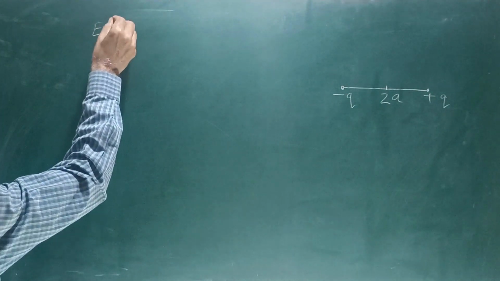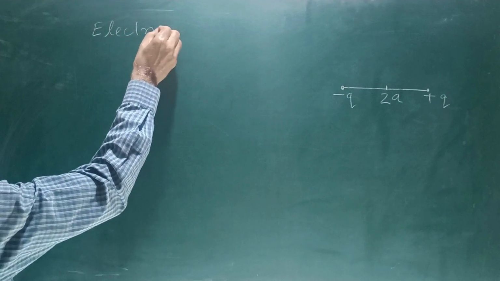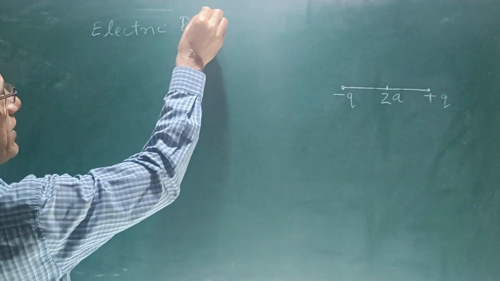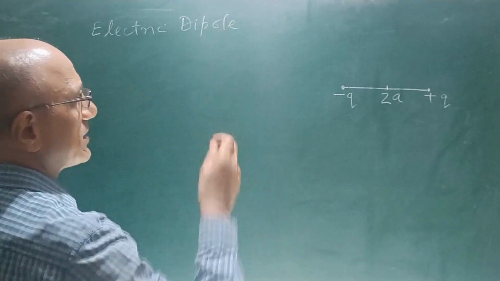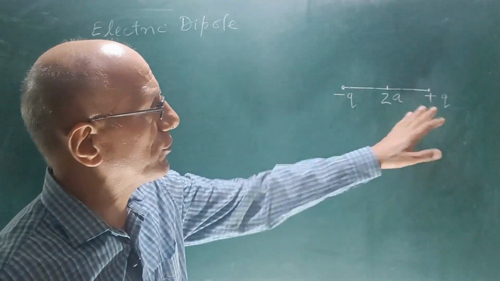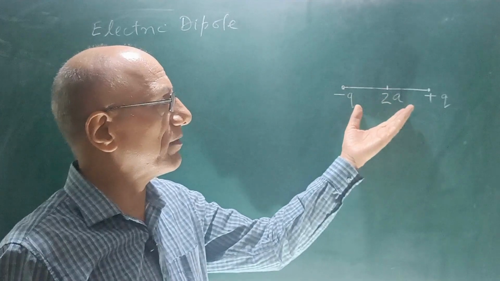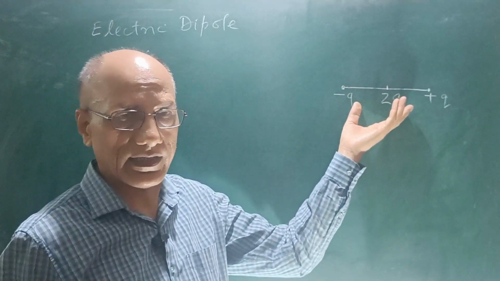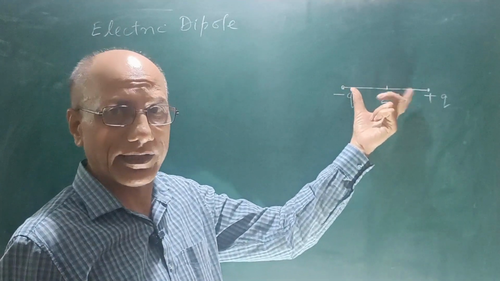So what is electric dipole? Electric dipole is a system of two equal and opposite charges separated by a very small distance. This is known as the dipole length.